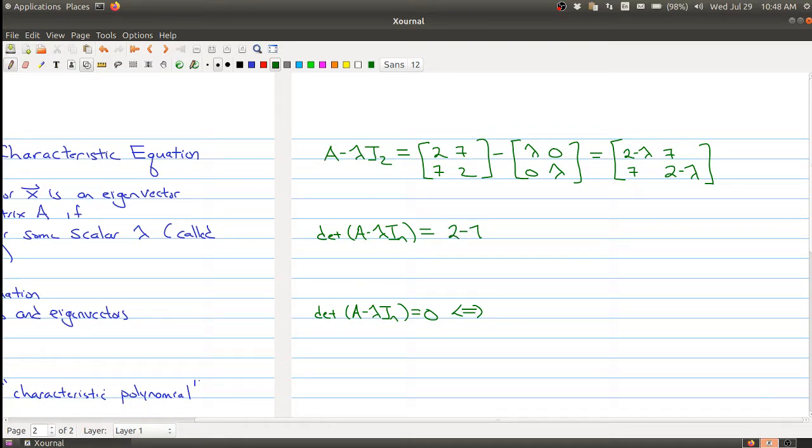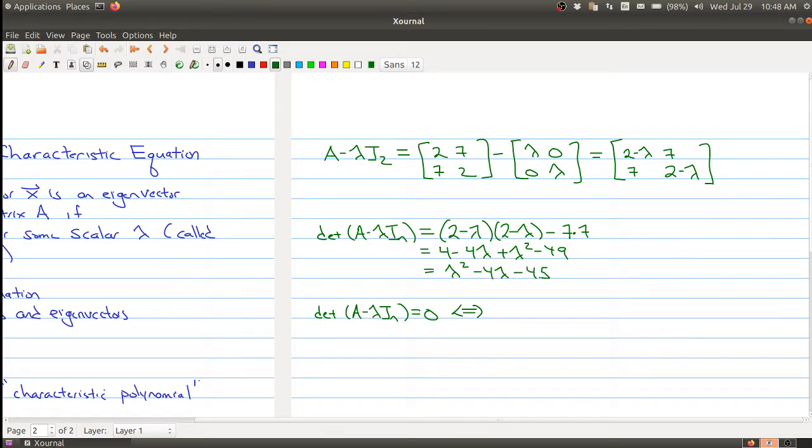So we have 2 minus lambda times 2 minus lambda, minus 7 times 7. We can simplify this as 4 minus 4 lambda plus lambda squared minus 49. So this is equal to lambda squared minus 4 lambda minus 45.